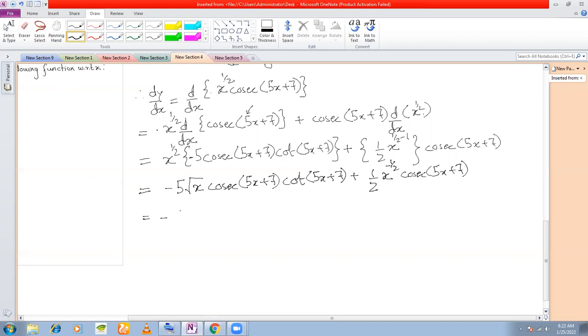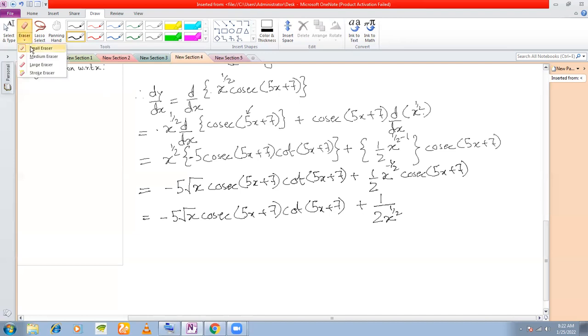So this is minus 5 root x cosec 5x plus 7 into cot 5x plus 7, and half x to the power of minus half can be written as 1 by 2x to the power of half, isn't it? And what is the x to the power of half? It is root x, right? So let me write it as root x. Instead of doing one more step, I've written it directly. Okay, cosec 5x plus 7.